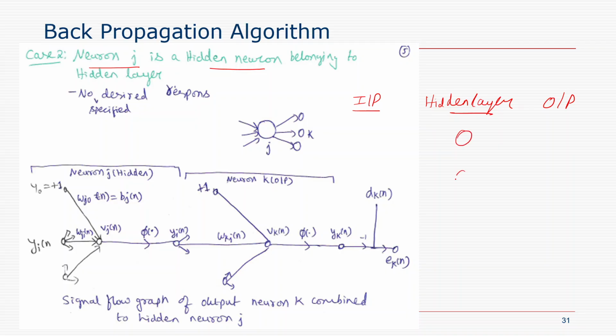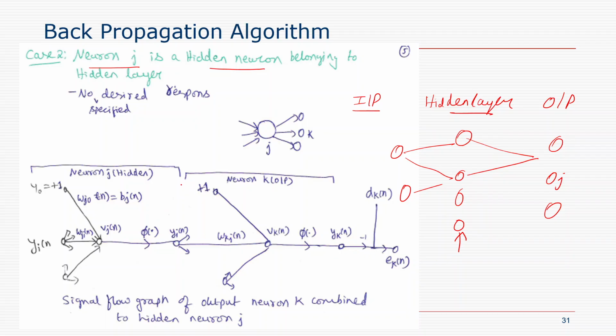We will have some nodes in each layer, and all of them will be connected. Until now in the derivation, we looked at how to compute the updated weight for neuron j in the output layer. But if the neuron is a hidden neuron, that is, one in the hidden layer, how do we compute the updated weight? That is what we have to see.